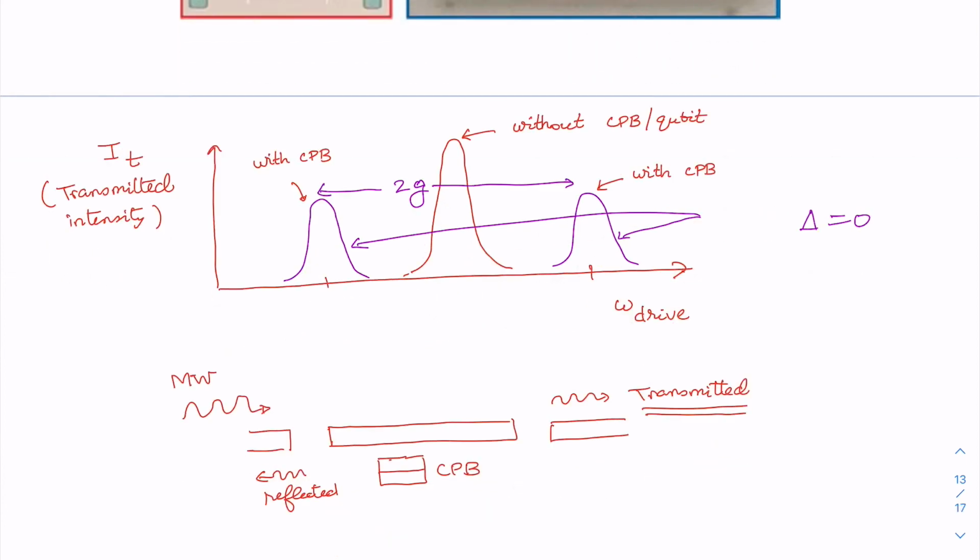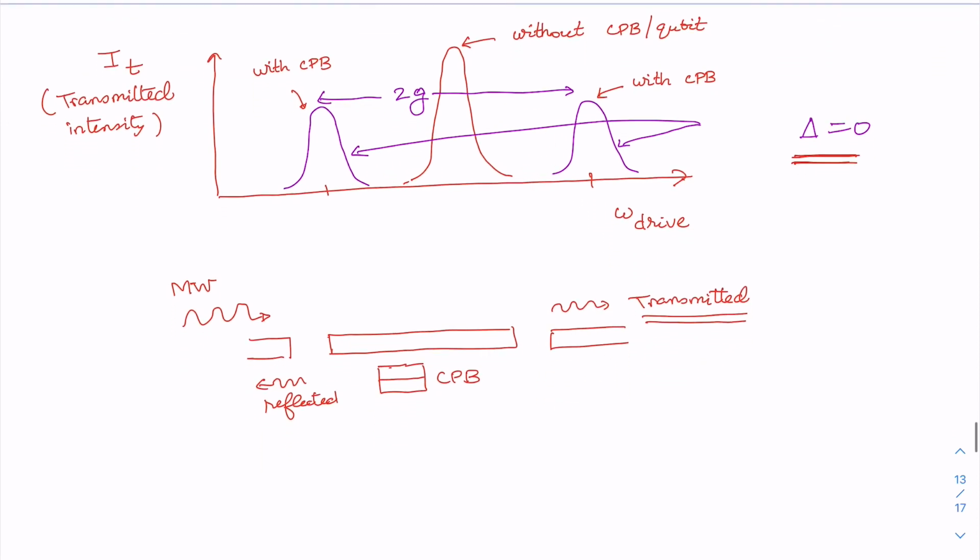Another study the group did was to change the detuning parameter delta by changing the atomic transition frequency. By the way, the results plotted here are for detuning parameter delta equal to 0, and as you remember, delta is equal to the atomic transition frequency minus the bare cavity frequency.